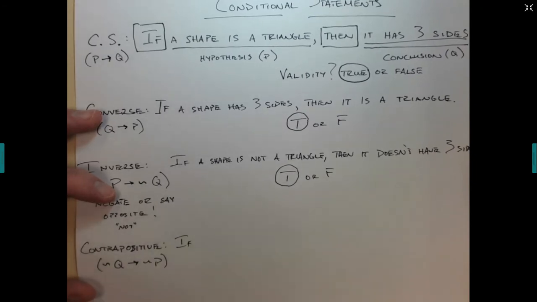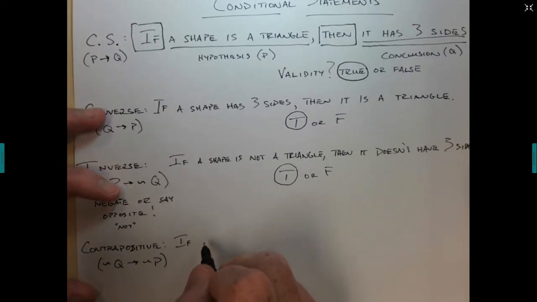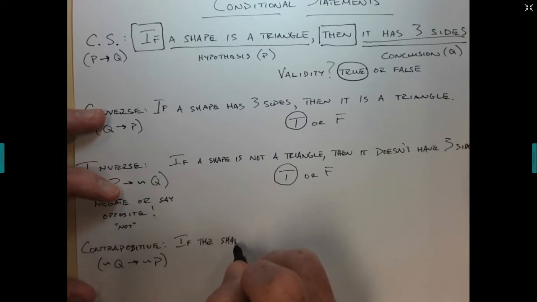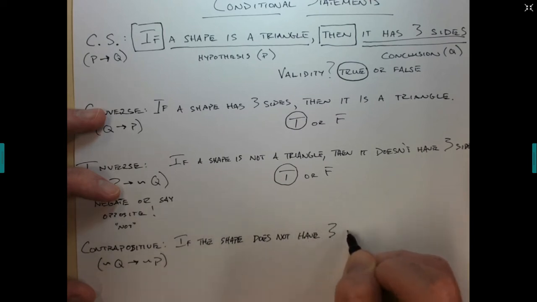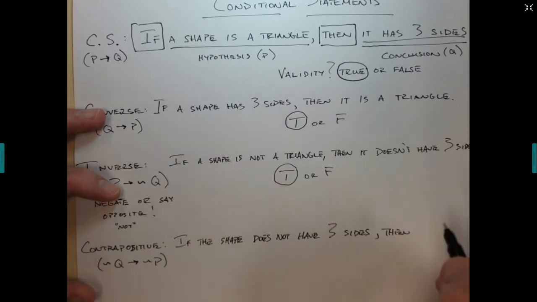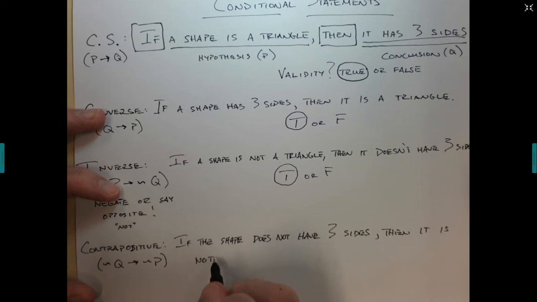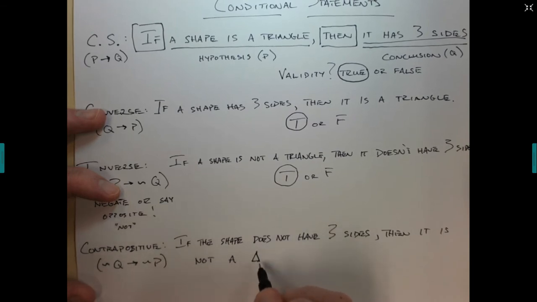Instead of saying if it has three sides, I'm going to say if the shape does not have three sides, then it is not, I'm going to just draw a triangle.